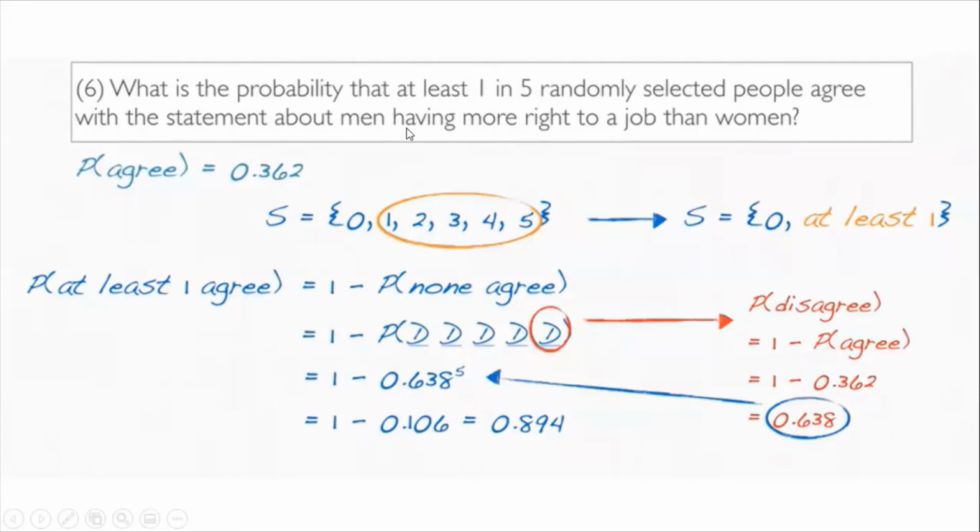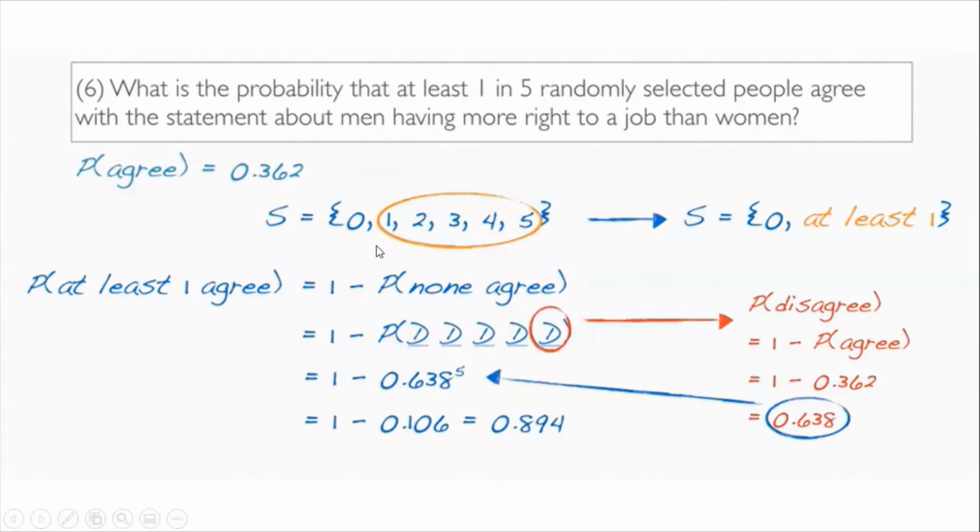With 5 people, you have 6 outcomes: no people agree, 1 person agrees, 2 people agree, 3 people, 4 people or 5 people agree. So what we want is at least 1.